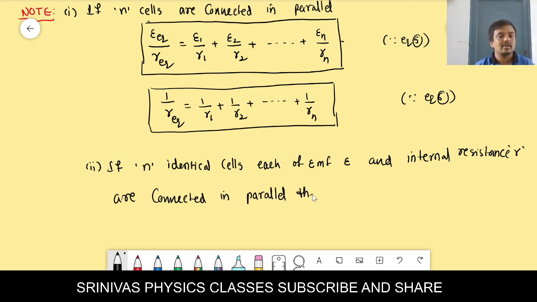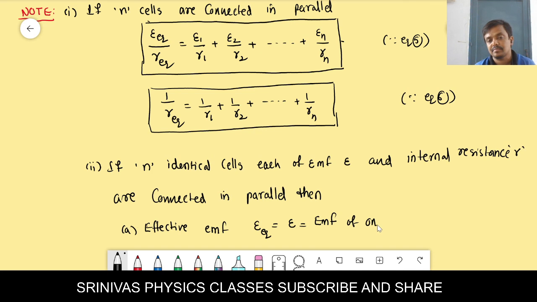Then their effective EMF I want first. The effective EMF, or the equivalent EMF, is equal to the EMF of only one cell. There are n cells connected in parallel, but we will get only the EMF of one cell. If you connect n cells in parallel, the total EMF is equal to the EMF of only one cell.